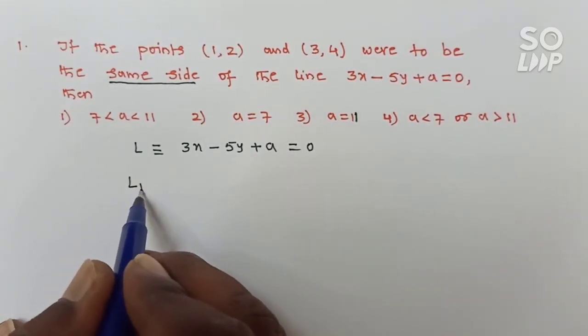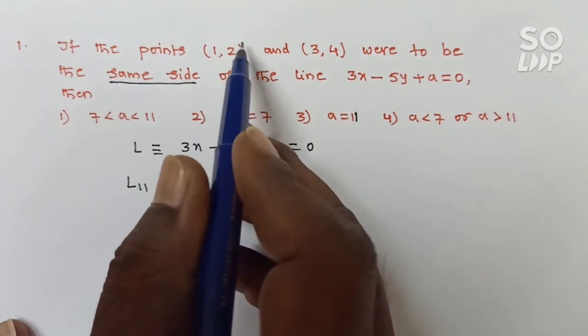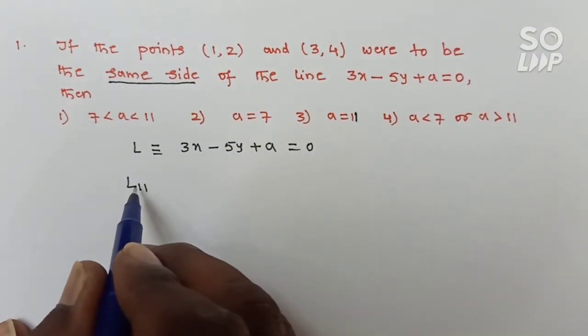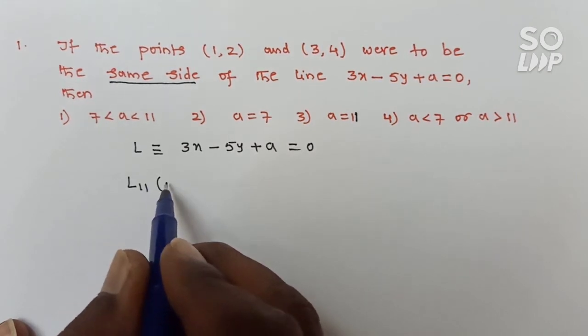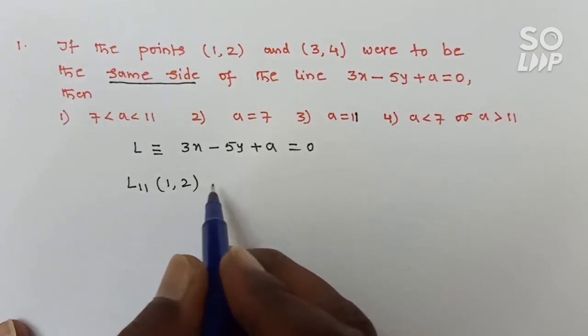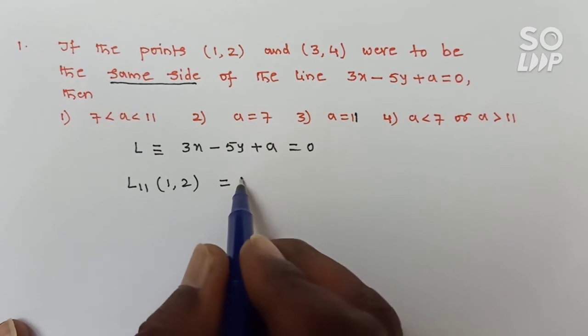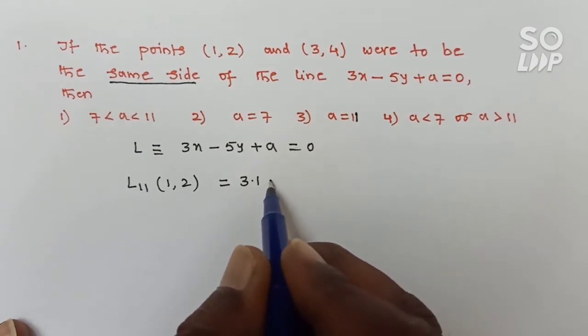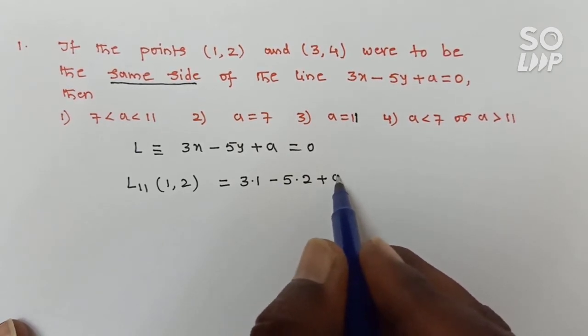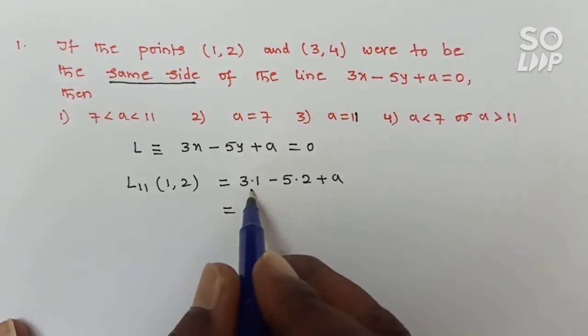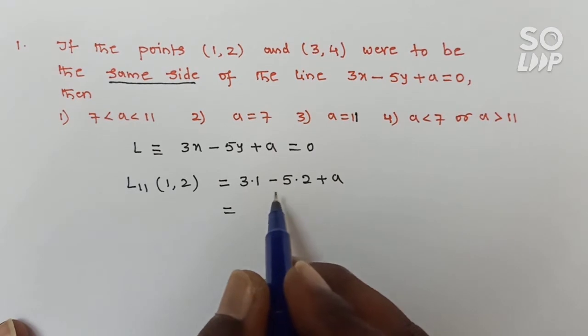Now L11 means you substitute the first point, that is the point 1 comma 2. That is equal to 3 into 1 minus 5 into 2 plus a, right? That is 3 minus 10, that is minus 7.